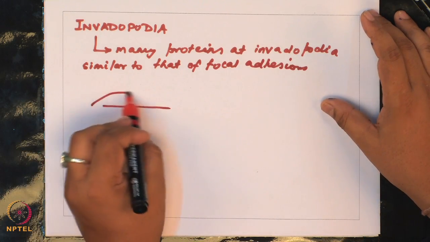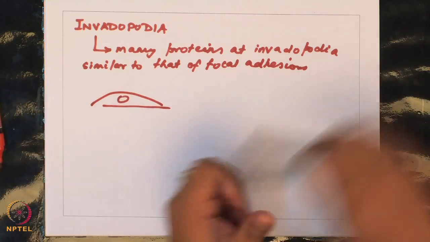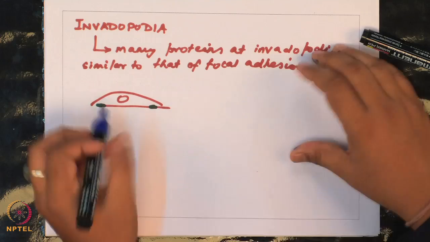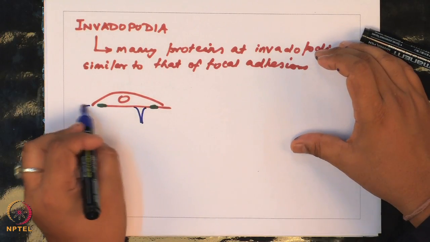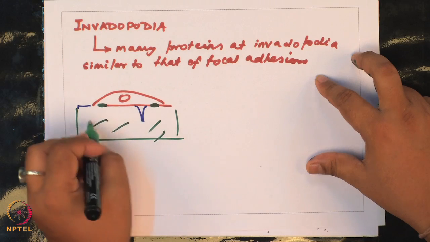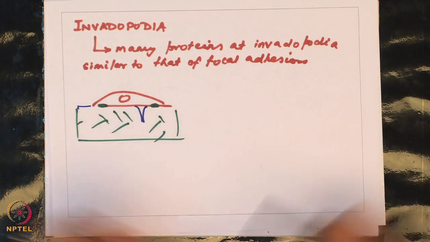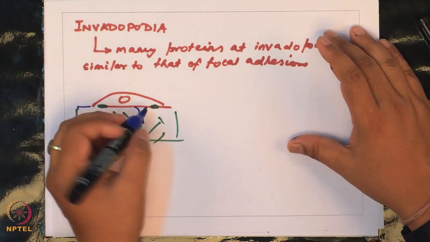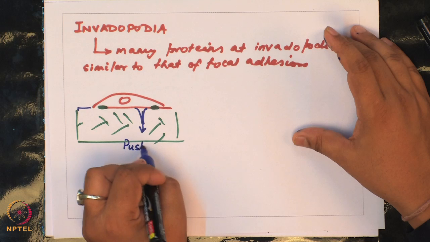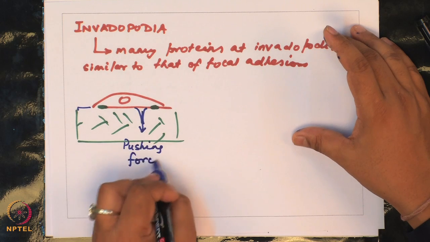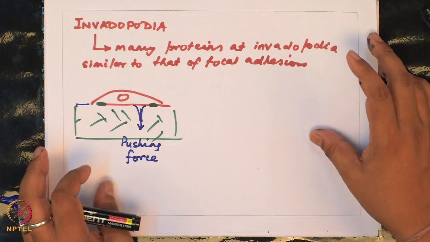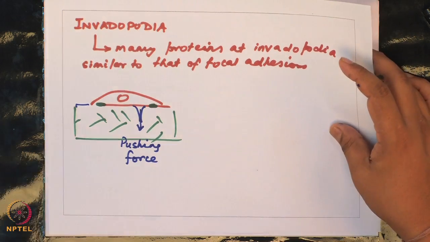So, in contrast to focal adhesions which are formed on the plane, an invadopodia actually protrudes into its matrix. So, if this is the matrix, these are invasive structures where cells actually protrude into the matrix. So, you can imagine a pushing force being exerted. Okay. So, that completes our initial understanding of what focal adhesions are.